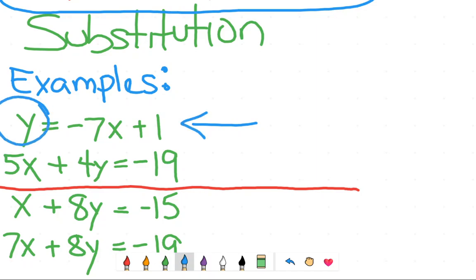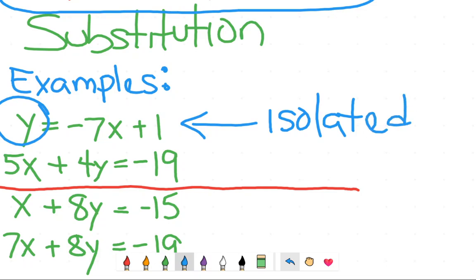I say definitely use the substitution method here because it will be much easier. Of course, you can use elimination, but that will be extra steps, so it wouldn't be as efficient.